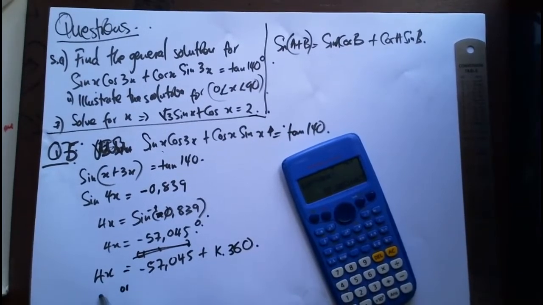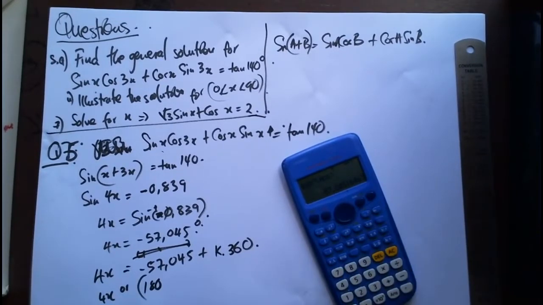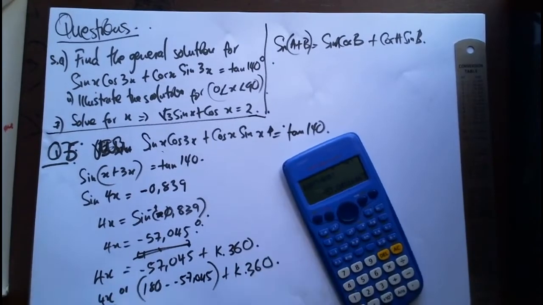Oh, 4x is equal to 180 minus 57.045 plus k times 360, because do you remember the general solution for sine?